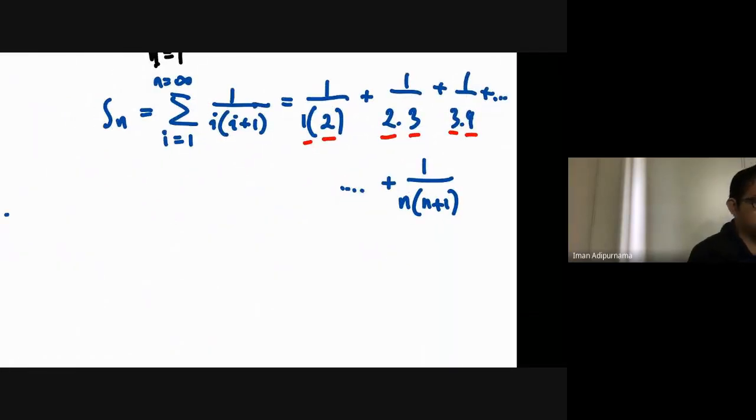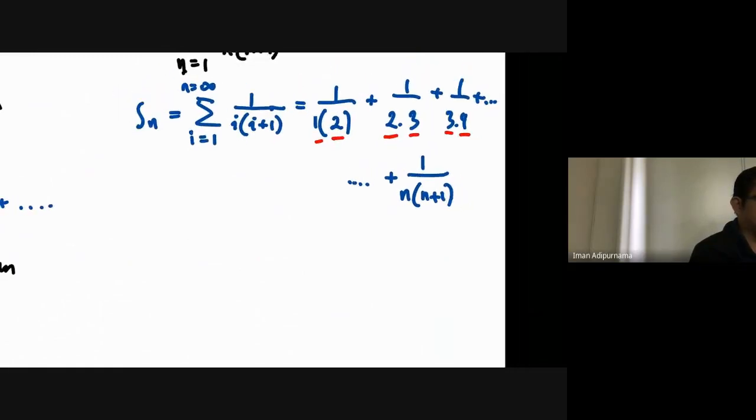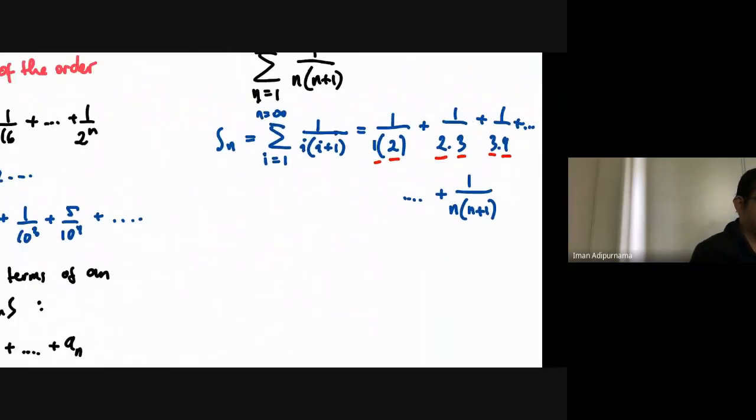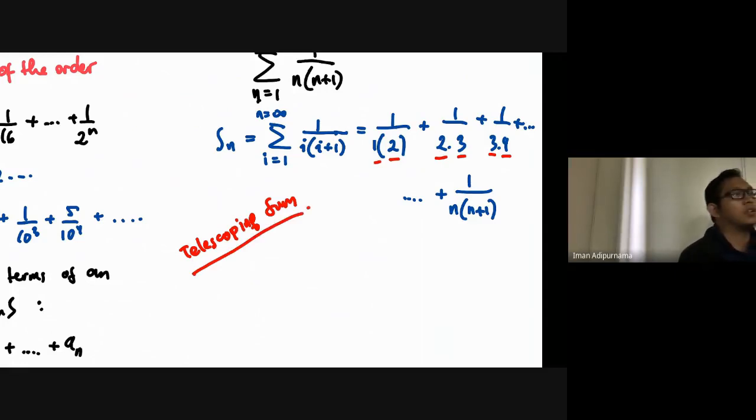One idea to solve this is what we call the telescoping sum. The telescoping sum means it's like a telescope, zoom in, zoom out, right?